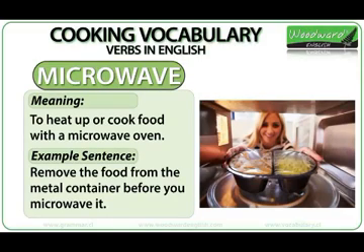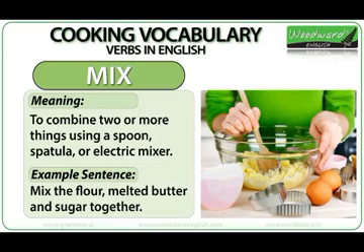Microwave. To heat up or cook food with a microwave oven. Remove the food from the metal container before you microwave it. Microwave. Mix. To combine two or more things using a spoon, spatula, or electric mixer.